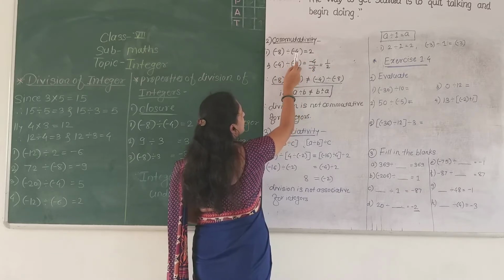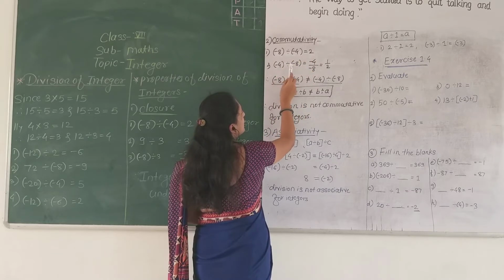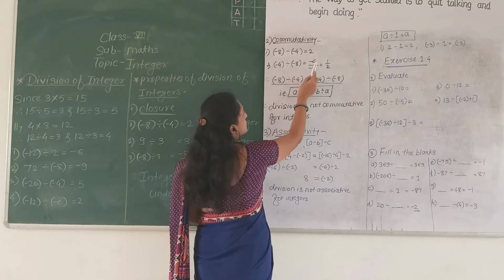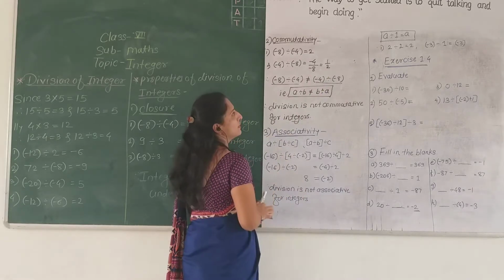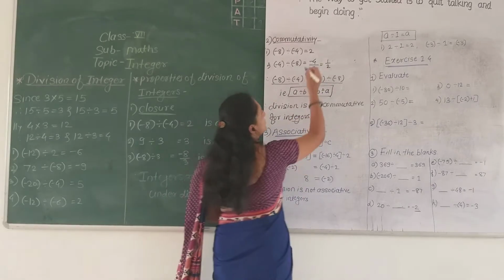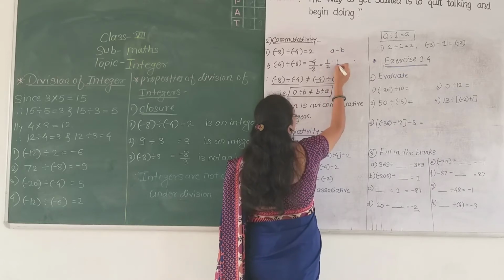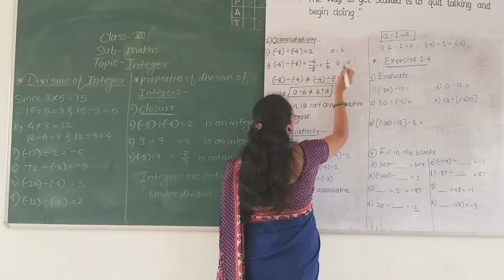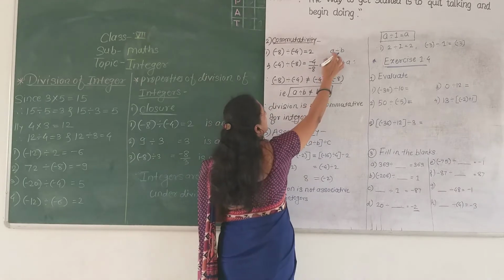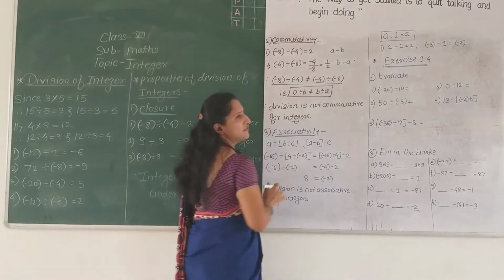If I change the order, negative 4 divided by negative 8, the answer is half, 1 by 2. Here we consider a divided by b, and here we consider b divided by a. Now look, is a divided by b equal to b divided by a?